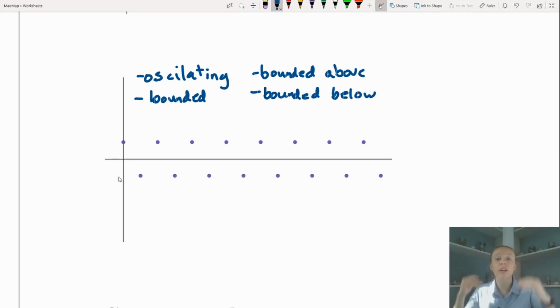It's never going towards some finite number. Therefore, in this case, we are not converging. We would have to say that it diverges because we're not approaching some finite number as n goes towards infinity. So just because it's bounded does not mean that it converges. However, if it's monotonic and bounded, then it does converge.